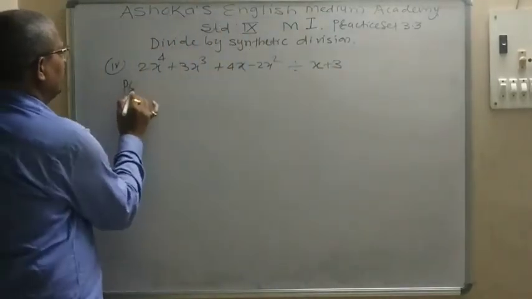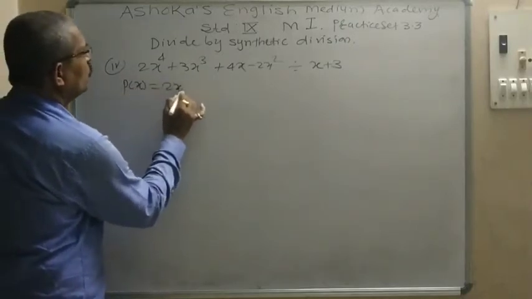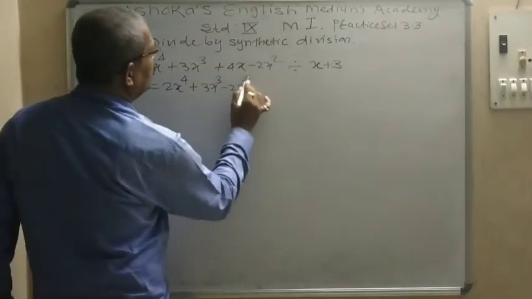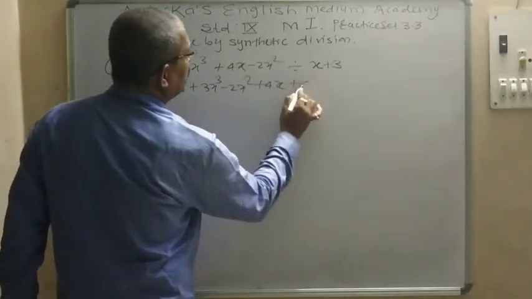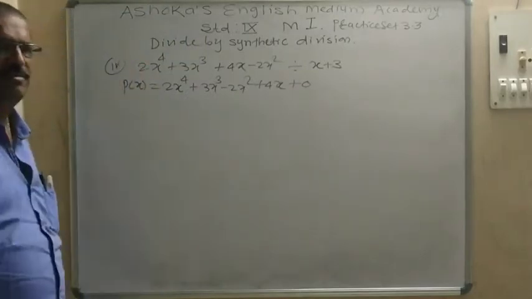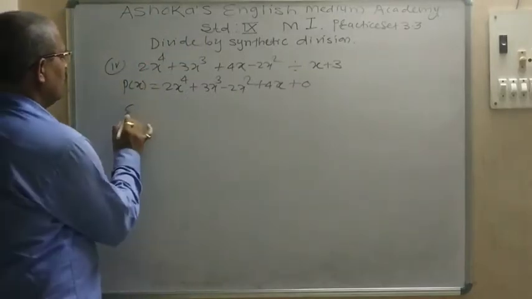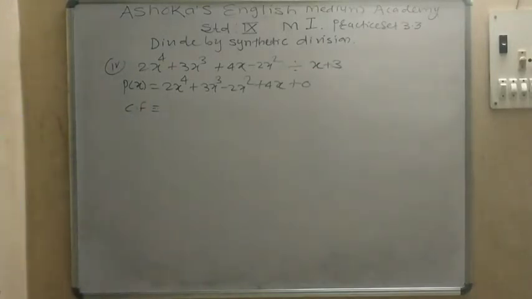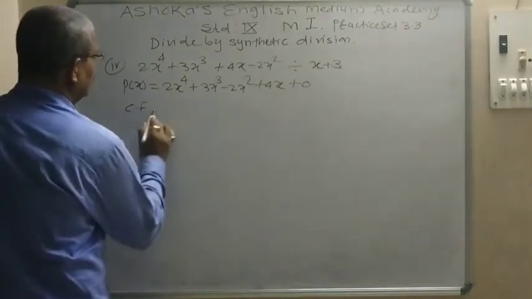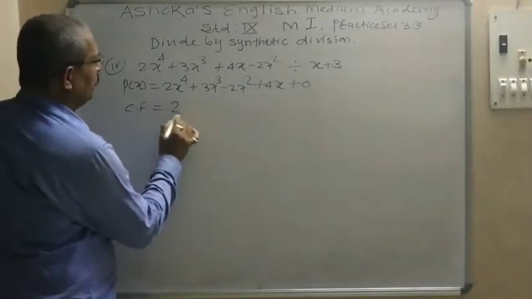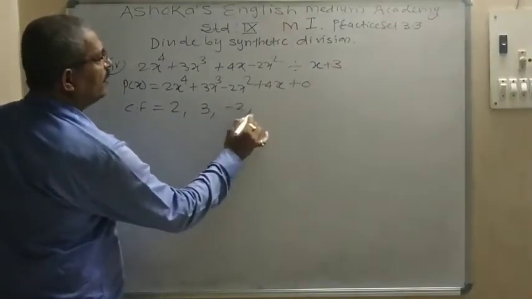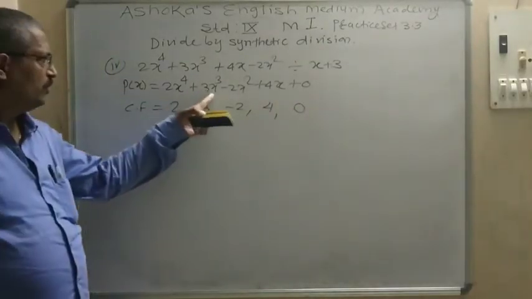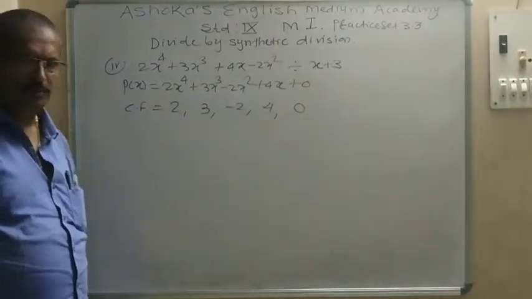I will write here Px is equal to 2x raised to 4 plus 3x raised to 3 minus 2x square plus 4x plus 0, because constant term is not given. Now CF is equal to coefficient form is equal to 2, 3, minus 2, 4, 0. Okay.